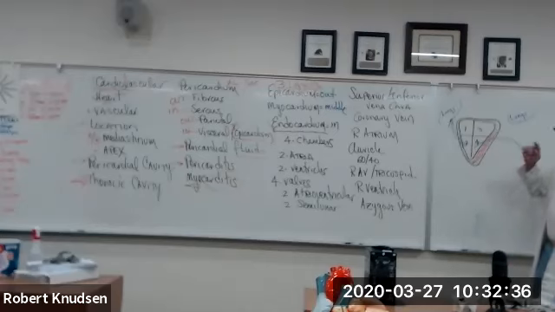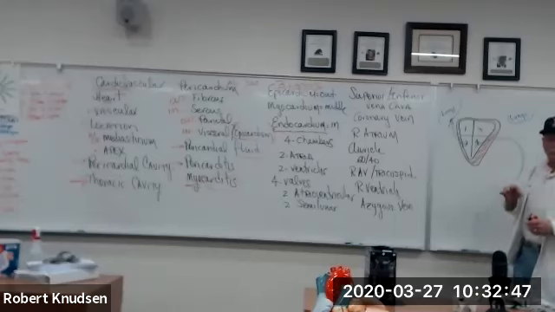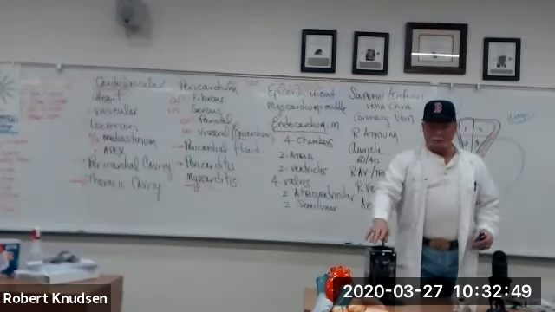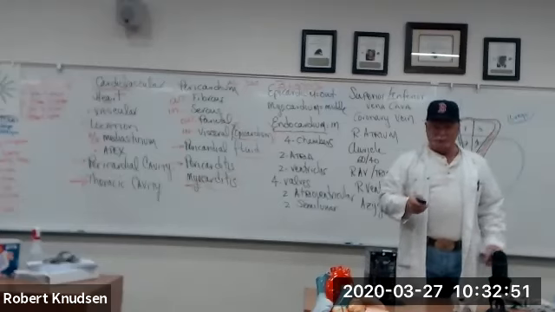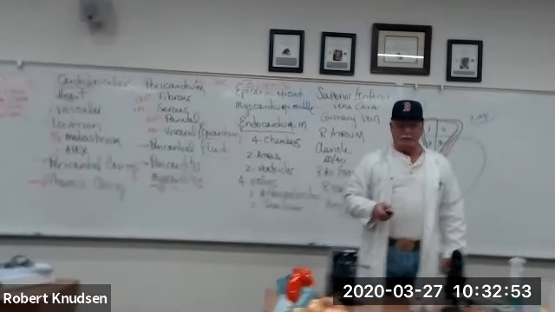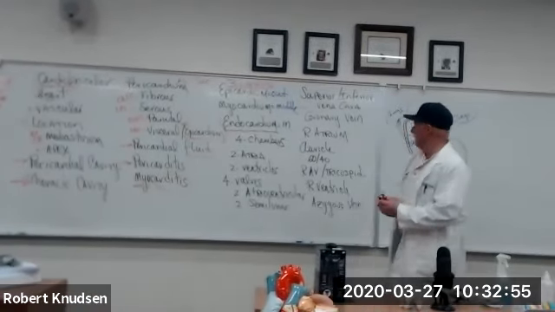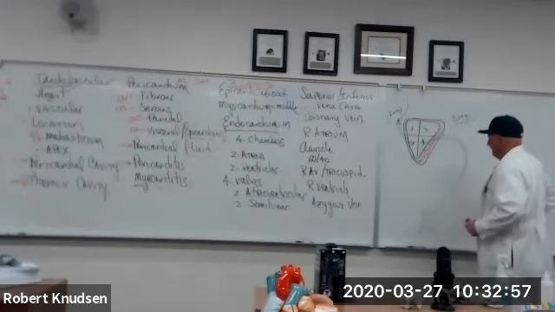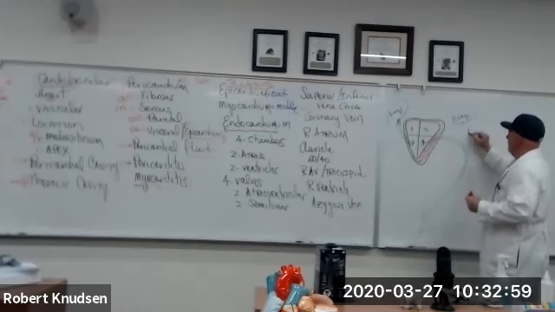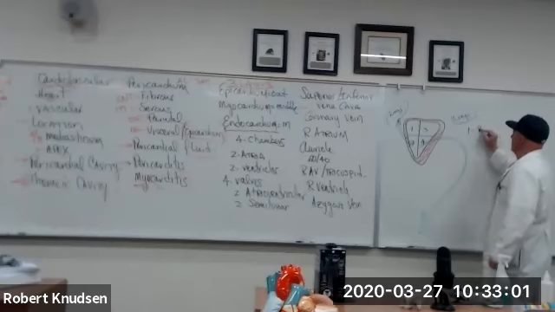Okay? Now, while I have this up there, I have another thought question for you. One, and I'll write it. What I'm going to do is move this over so I give you a little more space here. Perfect. Okay. Number 1 is the right atrium.